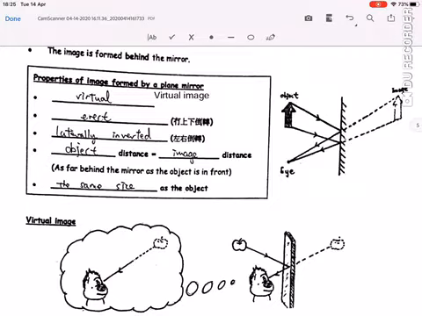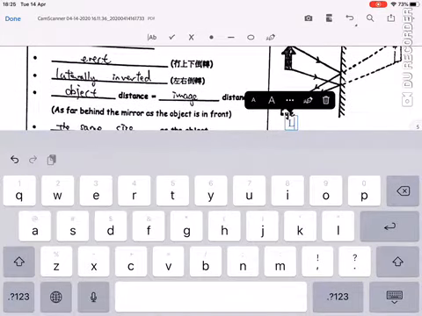And also, there's a lateral inversion. Let me spell that for you: laterally inverted.